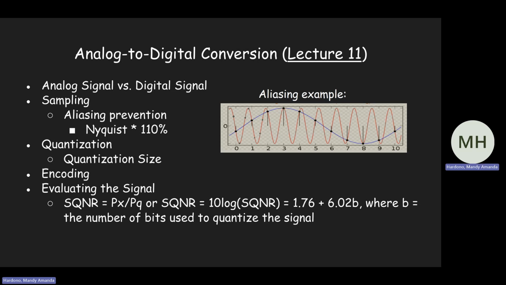So let's say your quantizer is 16 bits. Then your SQNR in decibels is going to be 1.76 plus 6.02 times 16.